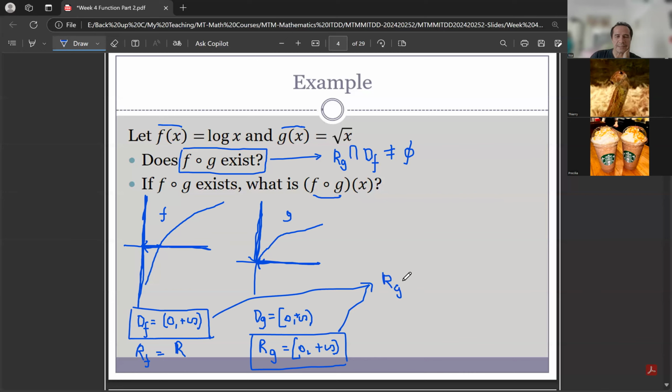Rg intersect Df will be zero to plus infinity, because one includes zero but the other excludes zero, so the intersection should have both of them.